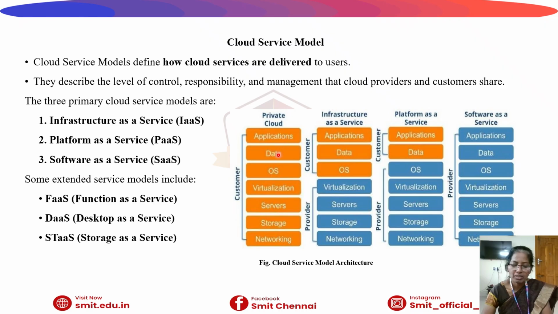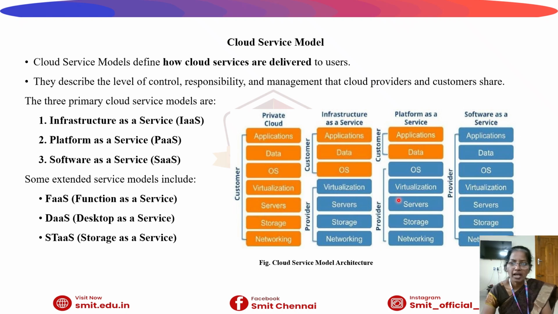Private cloud: the customer manages everything. All of it is managed by the organization itself. Second, Infrastructure as a Service: the provider manages the network, storage, servers, and virtualization, and the customer manages the operating system, data, and application.